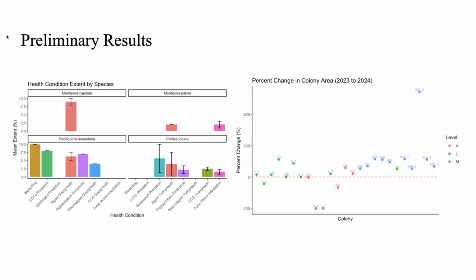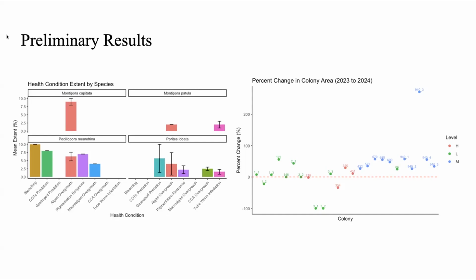But some of the preliminary results and things that I have extracted from the data I've been working with: on the left here, you can see the different species of coral and what types of predation and diseases affect each type of coral more. So you have the 4 species of coral along the top: Montipora capitata, Montipora patula, Pocillopora meandrina, and Porites lobata.